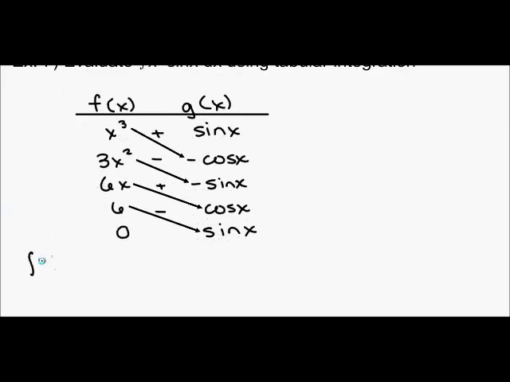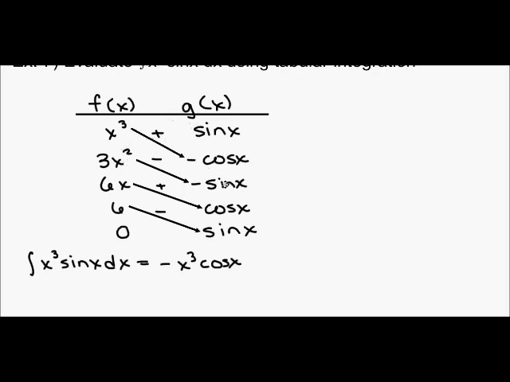So my integral x cubed sine x dx equals negative x cubed cosine x. So negative cosine x, x cubed gives me this. Plus tells me I'm not changing the sign.